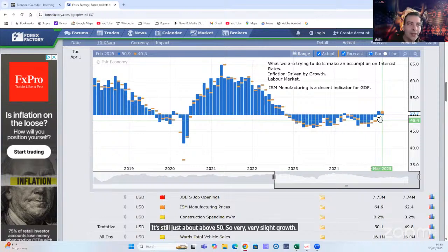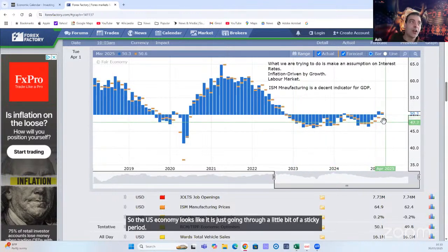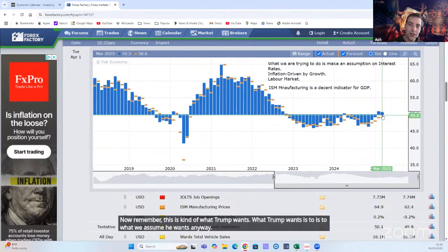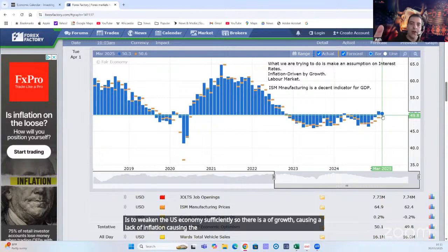So the US economy looks like it is going through a bit of a sticky period. Now, remember, this is what Trump wants, or what we assume he wants anyway, which is to weaken the US economy sufficiently so there is a lack of growth, causing a lack of inflation, causing the central bank to push down interest rates or being allowed to push down interest rates.